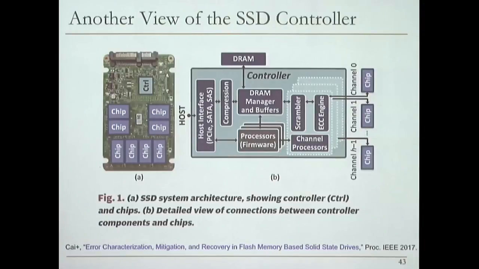So, if you want to learn more about it, you can take a look at the papers that are referenced over here. And this is a more modern view of the control. But this explicitly shows that you actually have a DRAM manager and buffers. And the flash controller is responsible for a lot of these things: compression, for example, in some controllers, encryption, scrambling of the data, and error correction. In flash memory, you need that error correction because otherwise your memory doesn't work, really. Most of the bits that you get out of flash memory are almost useless if you don't have error correction.